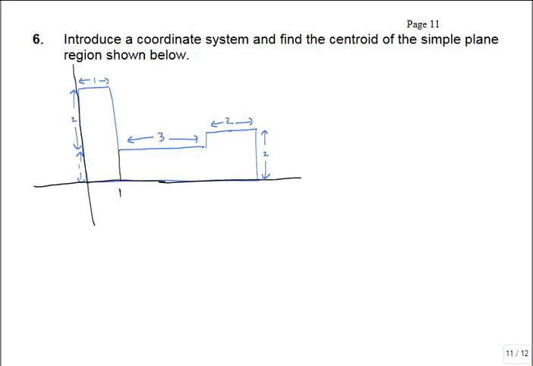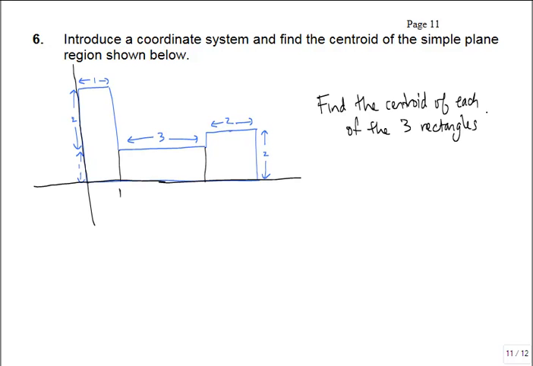This is over at 1. Put a chop right here, and we get 3 different rectangles. Now what we can do then is it's easy enough to sort of eyeball these 3 different rectangles and find the centroid of these 3 rectangles. So we're going to find the centroid of each of the 3 rectangles.